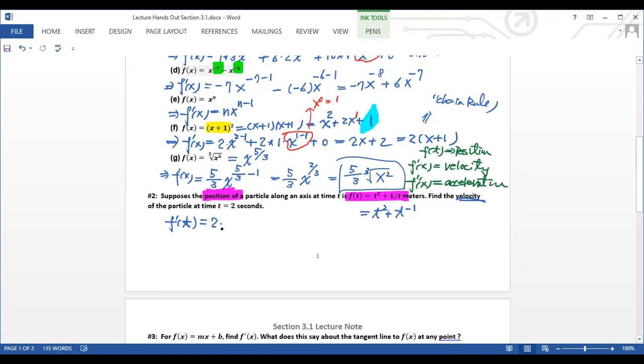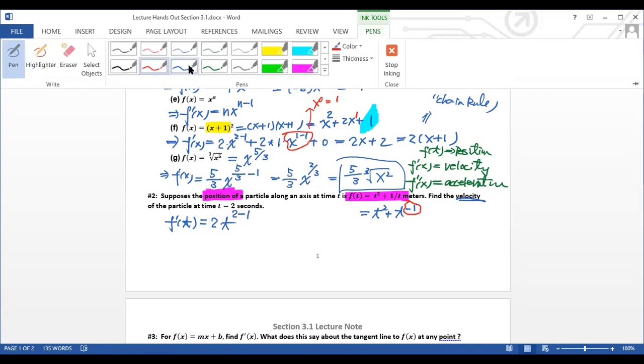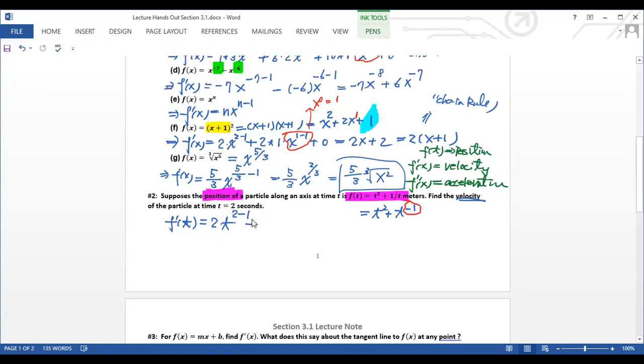So it's 2, move the 2 to the front. So what is the exponents? It's 2 to the 1. Okay, so 1 over t is t to the negative 1. So what is the power rule? So it will be negative 1. You need to move the negative 1, so what is here? This is t to the negative 1 minus 1, correct? Okay, now if you simplify that, this is 2 to the what? t, right?